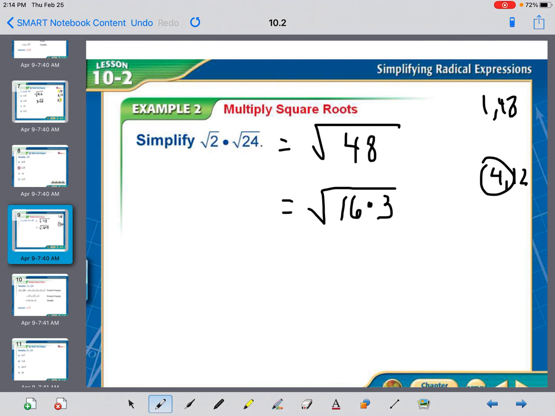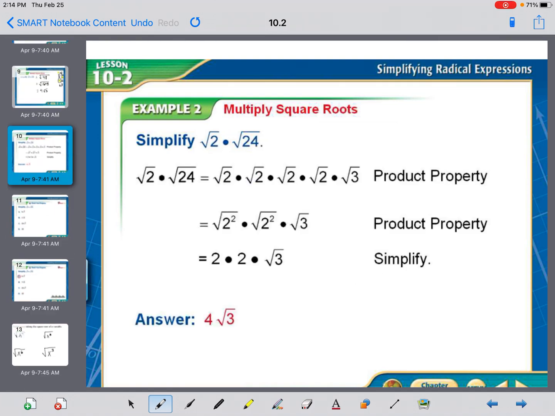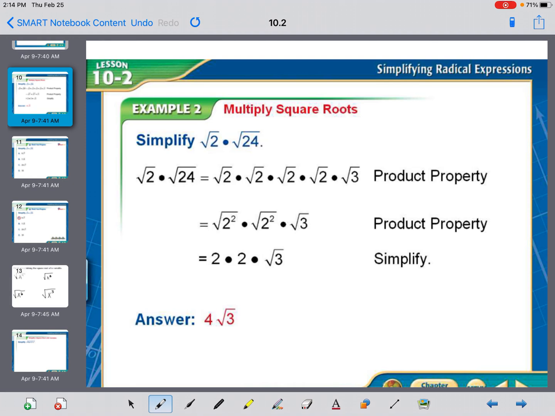And 4 is a square. It's just not the largest square. Those are all the factors. So you can see square, square, square. You want the largest one. So, the square root of 16 is 4, and the square root of 3 is the square root of 3.